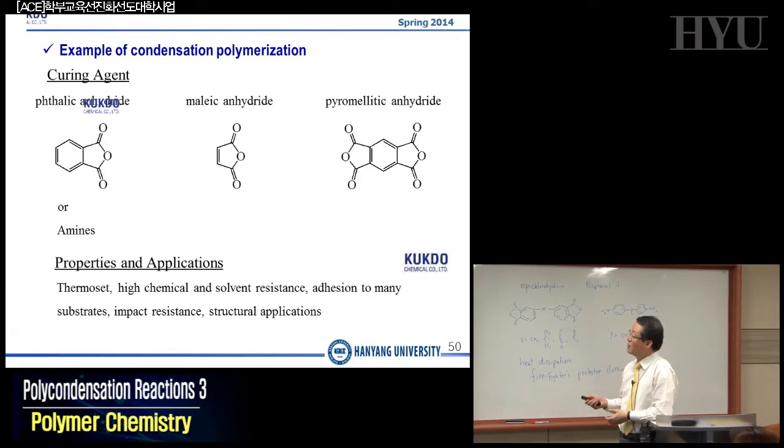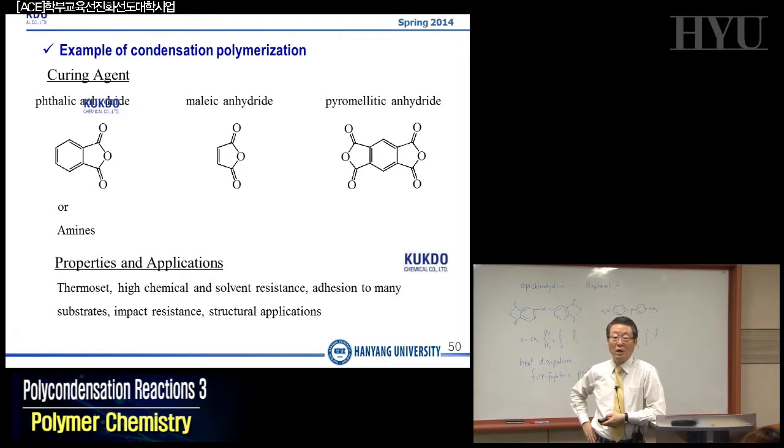So the curing agent might be maleic anhydride, phthalic anhydride, or pyromellitic dianhydride and others, or the diamines as well. And right now, I think in Korea, the Kukdo Chemical Company is the largest company manufacturing these epoxy resins. Okay?